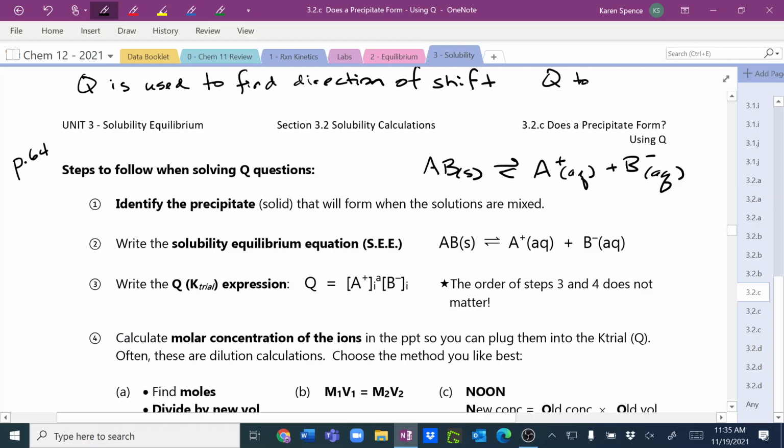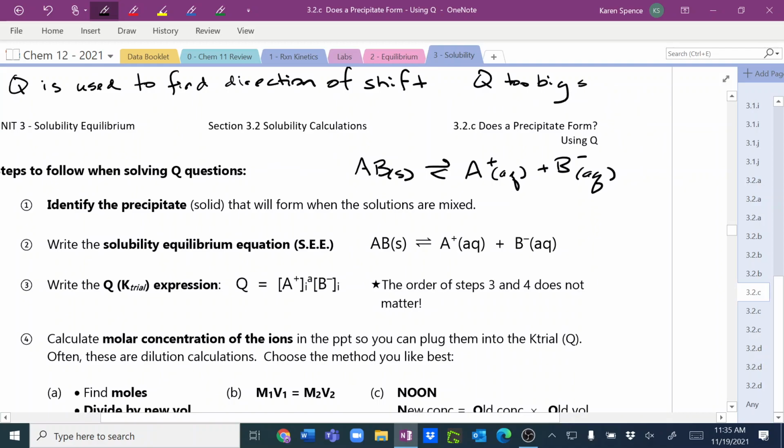If Q is too big, it's going to shift left to the reactants. And if it shifts to the reactants, what are we going to form? We're going to form a precipitate.